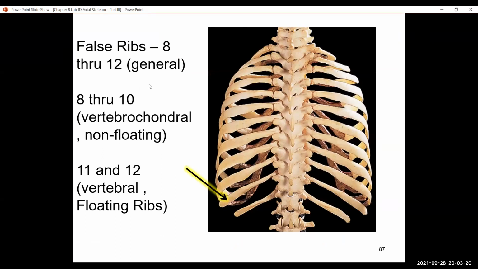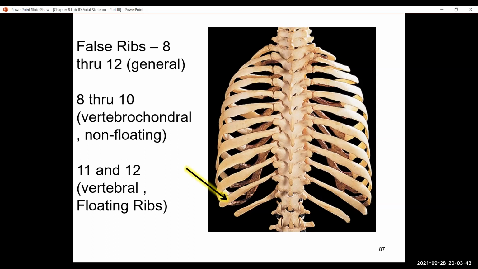So false ribs, we break down into 2 categories. 8 through 10, we call those vertebral chondral because their costal cartilage attaches onto the costal cartilage of rib 7. They're non-floating ribs. Our last 2 ribs, 11 and 12, are floating ribs.